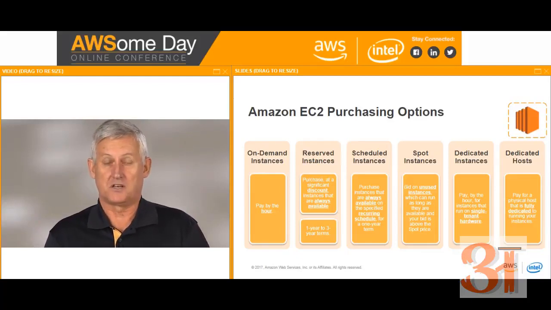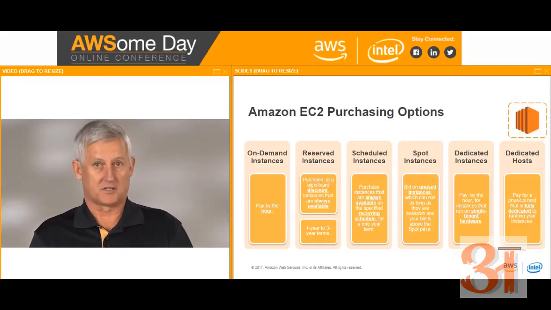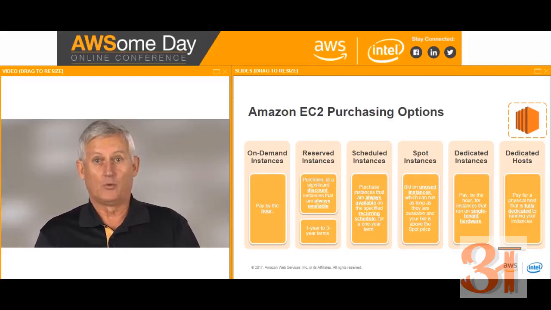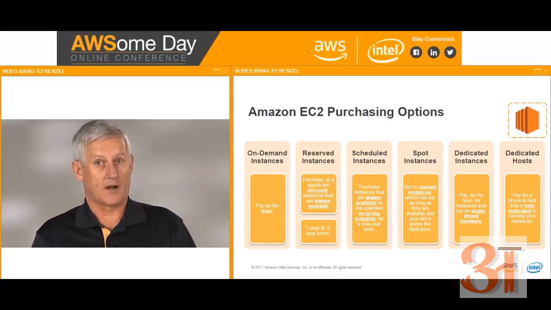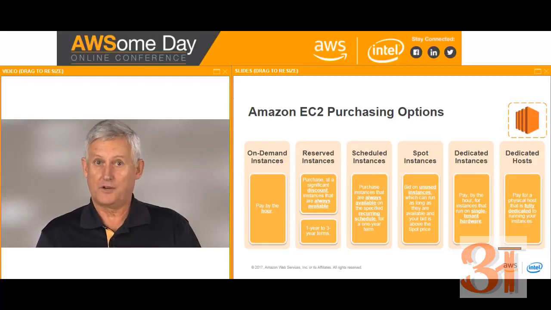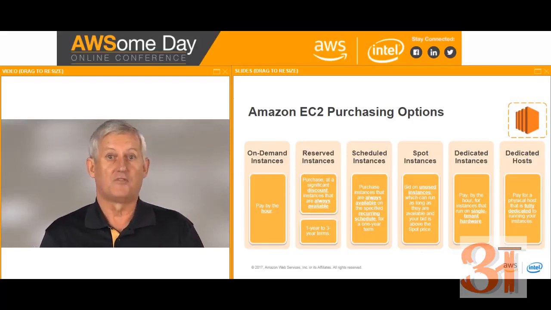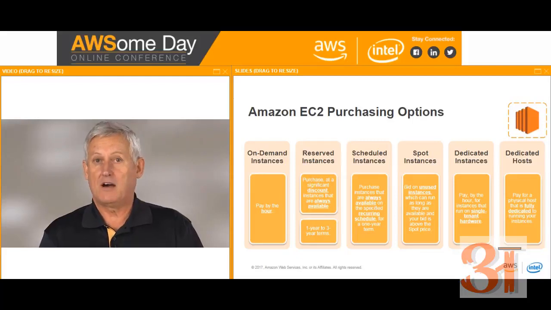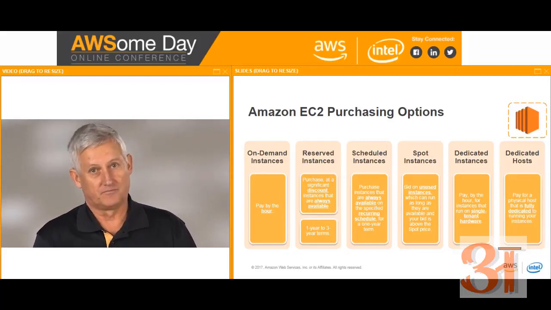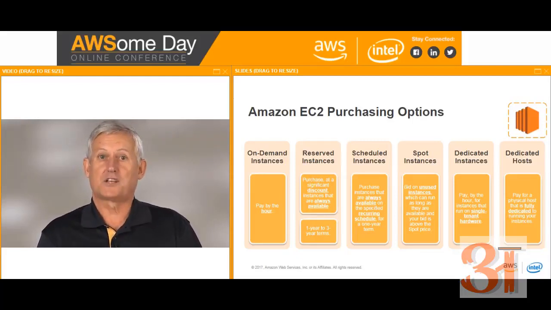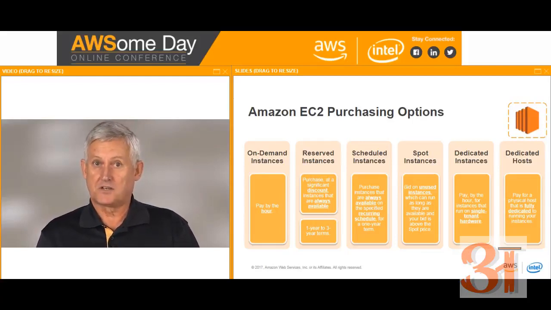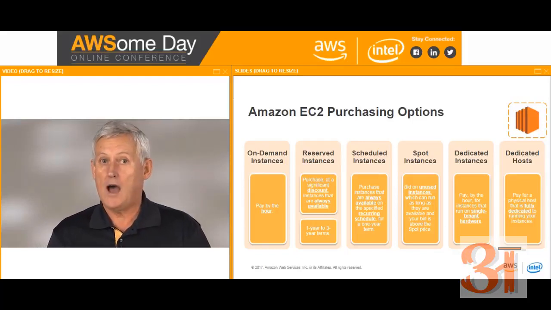A reserved instance is not a specific EC2 instance. It is actually a reservation and pricing contract that can float across various EC2 instances of the same type in the same availability zone and region.